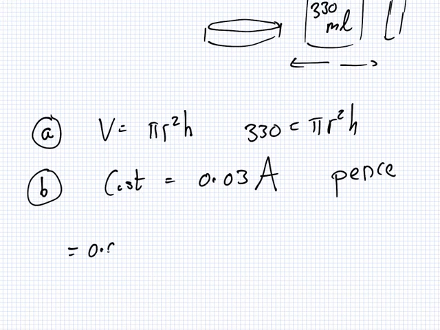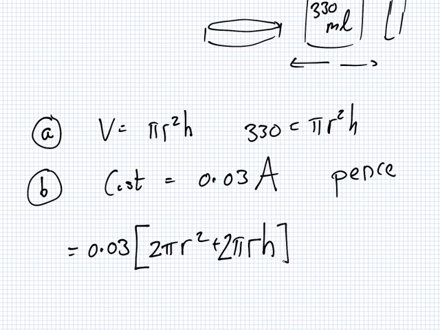Well, you might have to think back to middle school, but for a cylinder you have 2 circles, so that's 2 pi r squared, and then you have the round part, which is 2 pi r h. That's the formula.